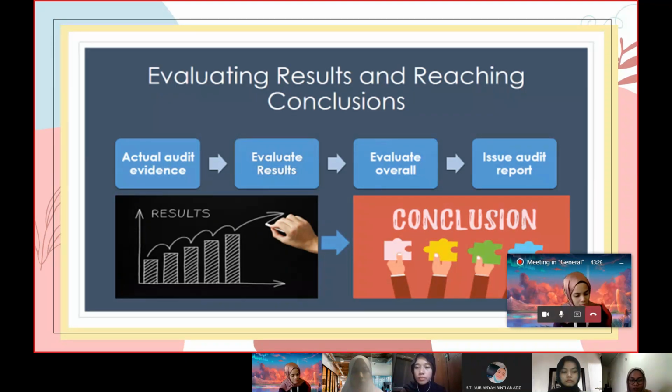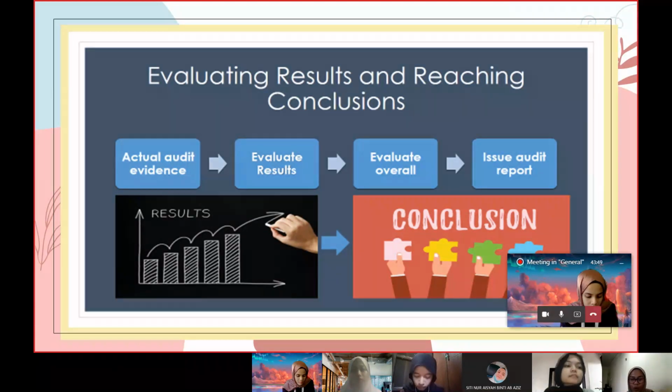So next is about evaluate result. Evaluate result by reviewing the account and cycle, and also estimate misstatement, any misstatement in the account, and also did the audit of the financial statement achieve the audit risk.